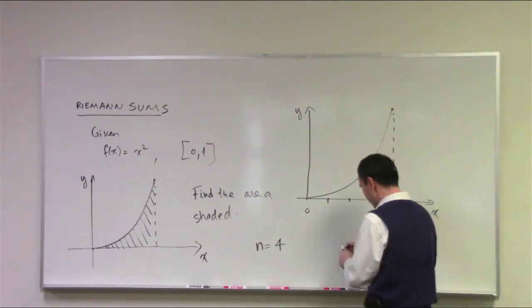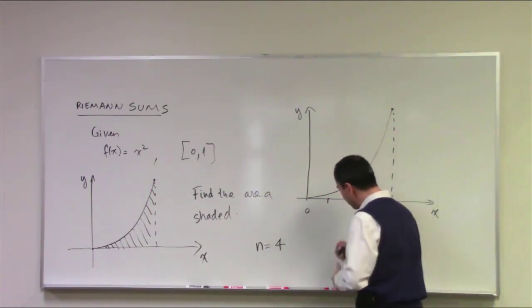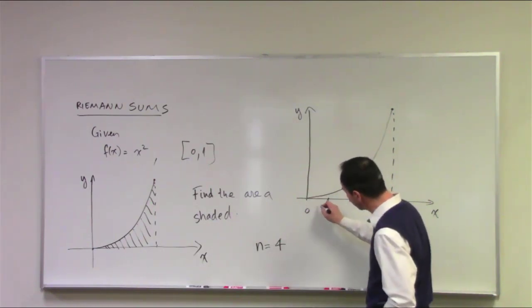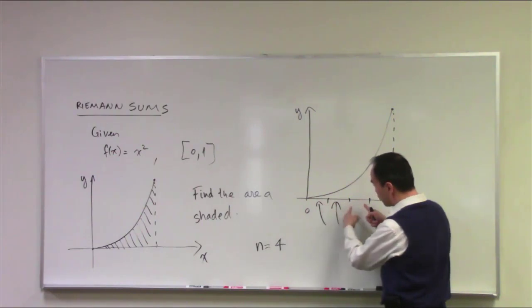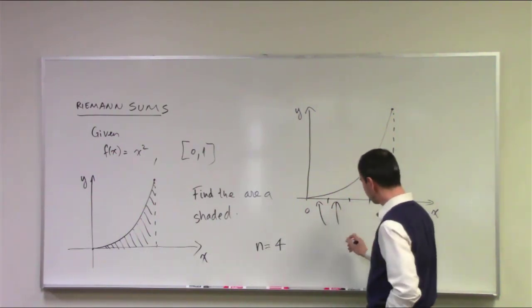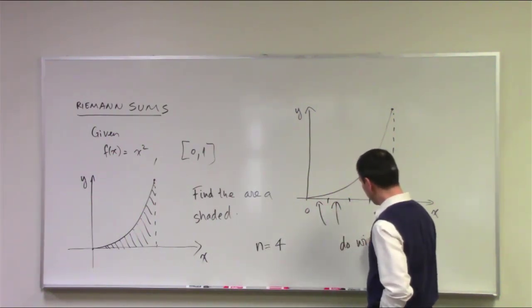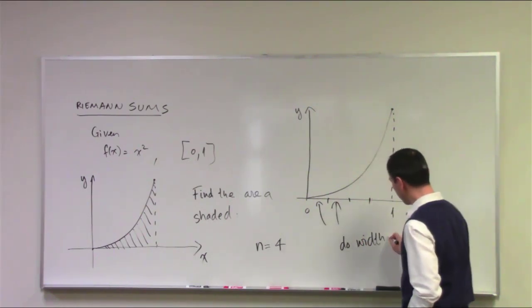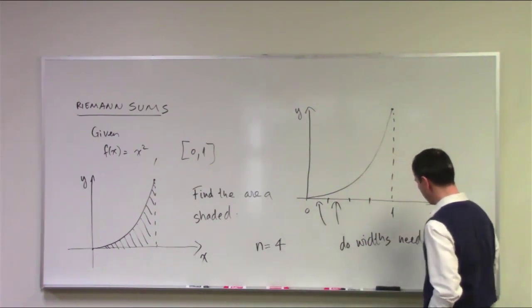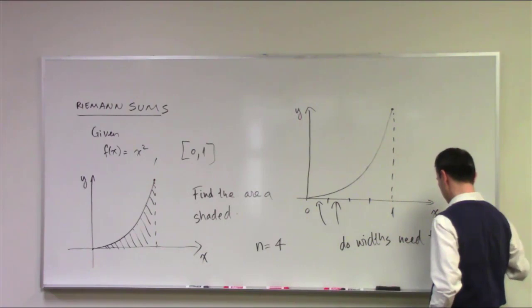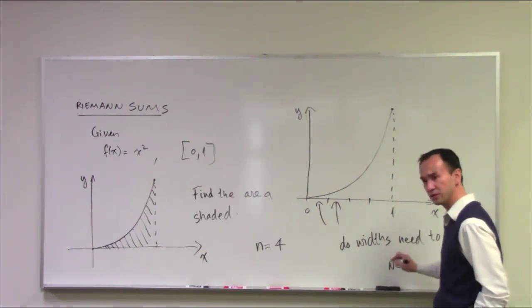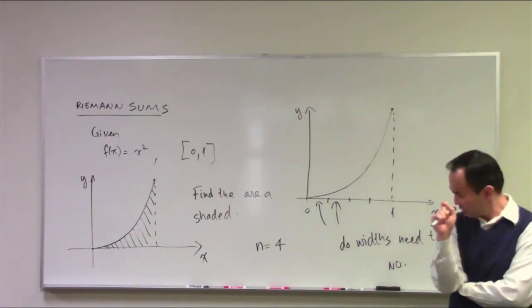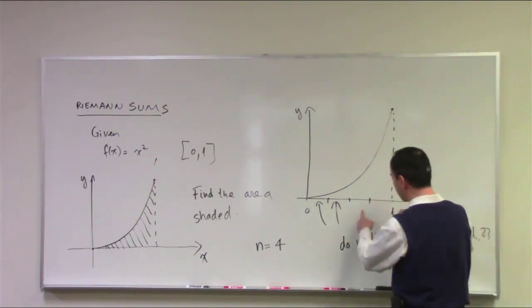Now, the question arose in ancient times when they were developing this. When we break it down into subintervals, these are called the widths, right? In the beginning, do widths need to be equal? The answer to that was no. The original idea is that you don't have to make them equal width.